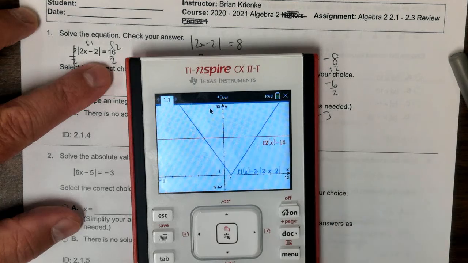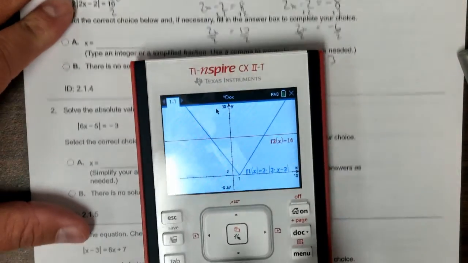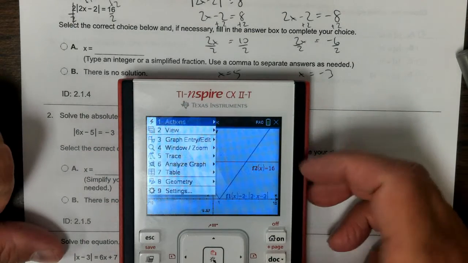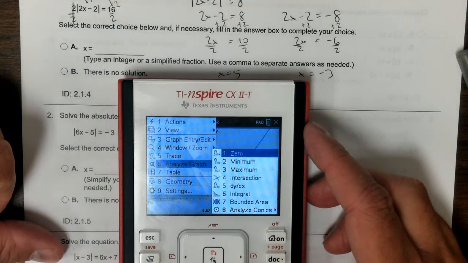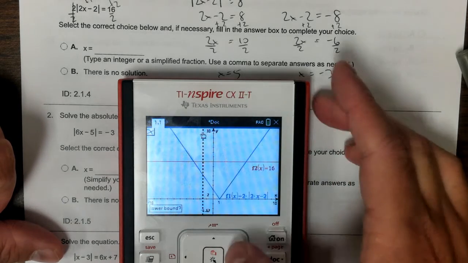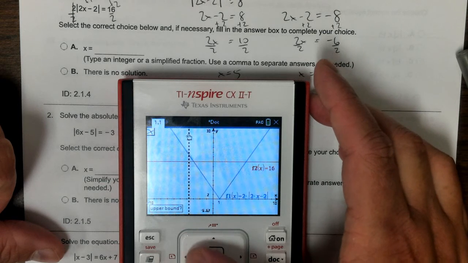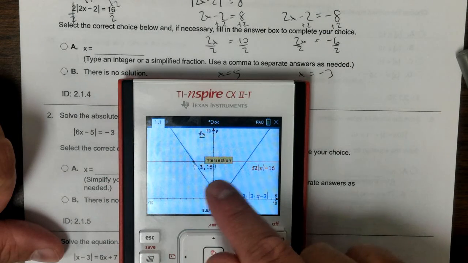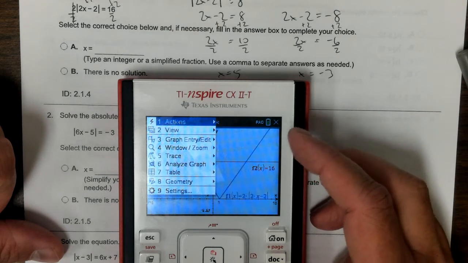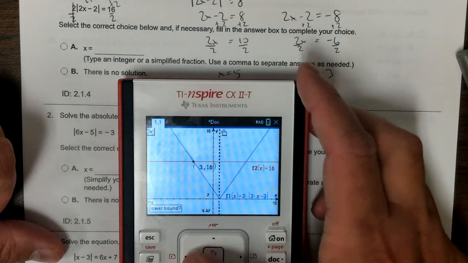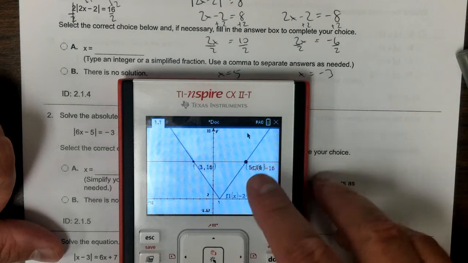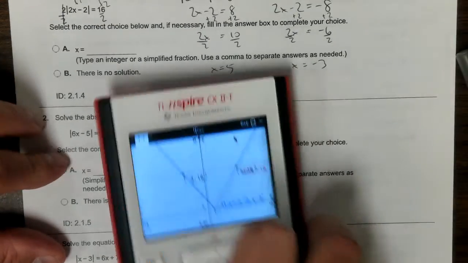Now I can see there's 2 spots. So I was thinking they'd be negative 3 and 5. So let's go menu, analyze graph. That was number 6. Intersection, which is number 4. And between here and here, you get negative 3 comma 16. So negative 3 is an answer. And do that again on this side. 5 comma 16, so 5 is an answer.